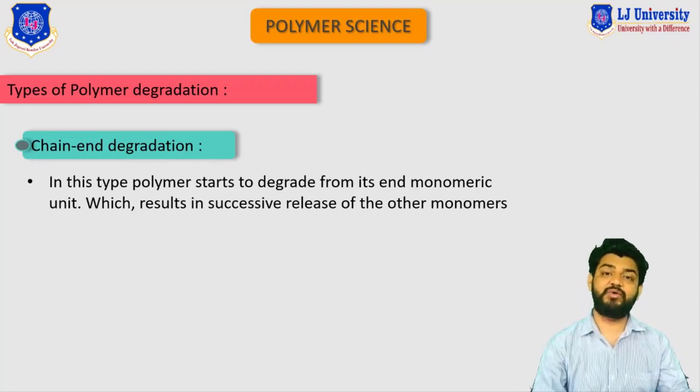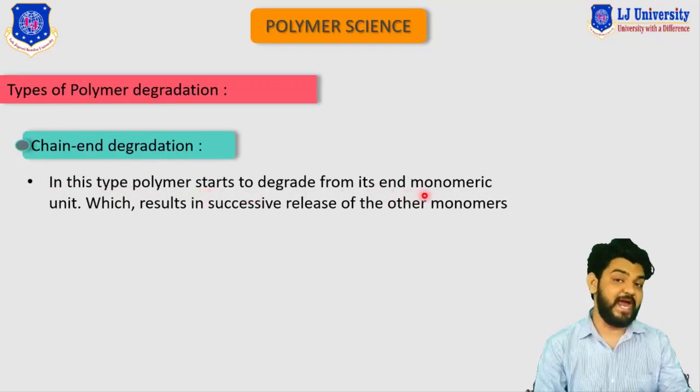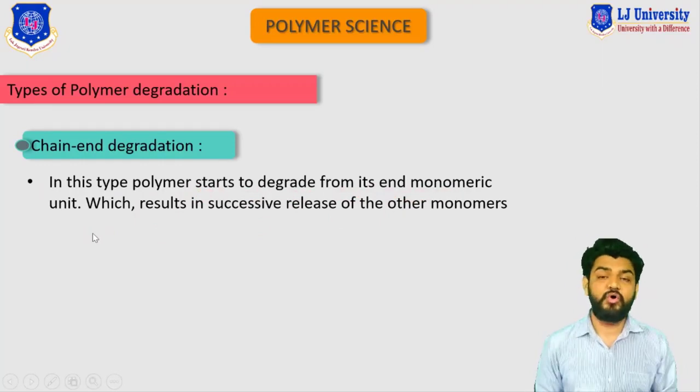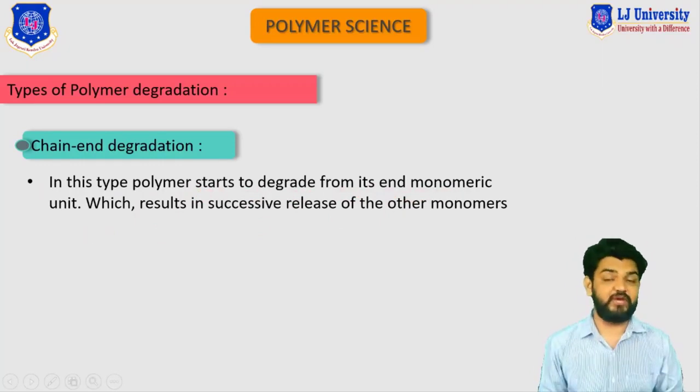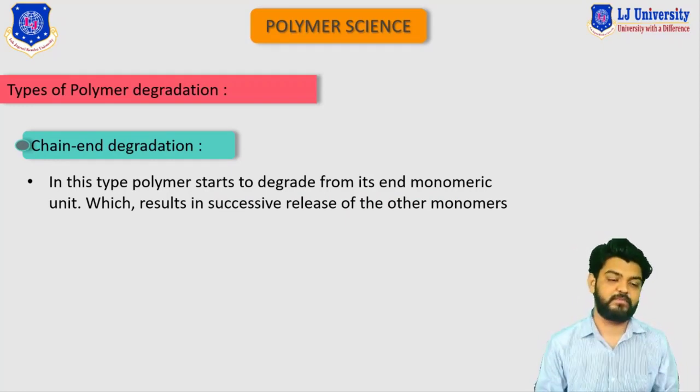Here on the screen you can see that in this type, the polymer starts to degrade from its end monomeric unit. The last monomeric unit degrades first, and then this degradation process continues onwards.